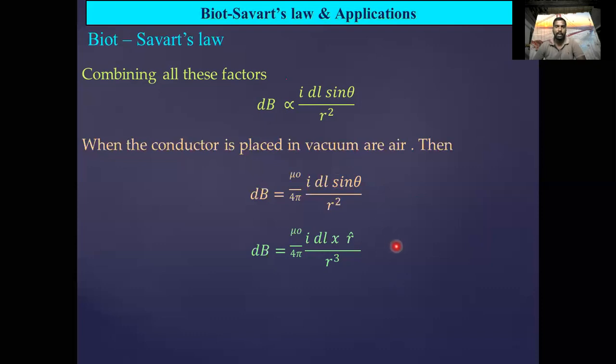This is the vector notation of the Biot-Savart law. Here dB is the magnetic field at point P due to the small elemental length dl.